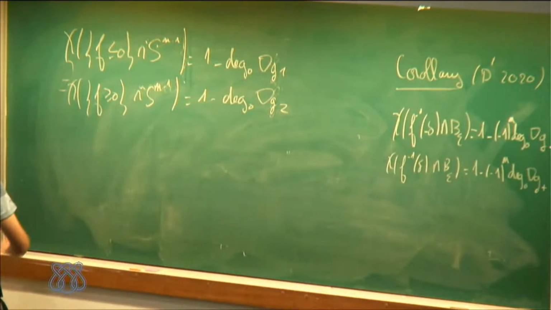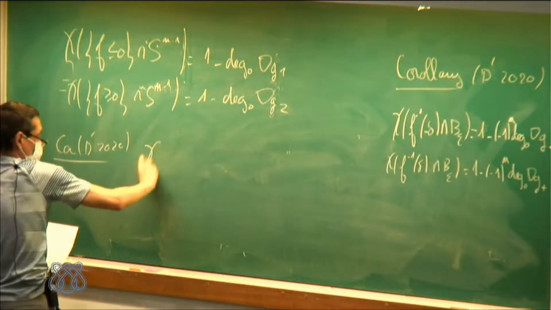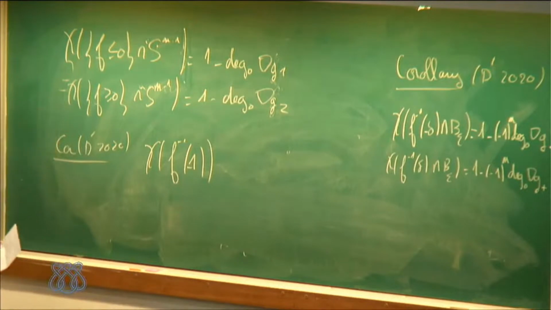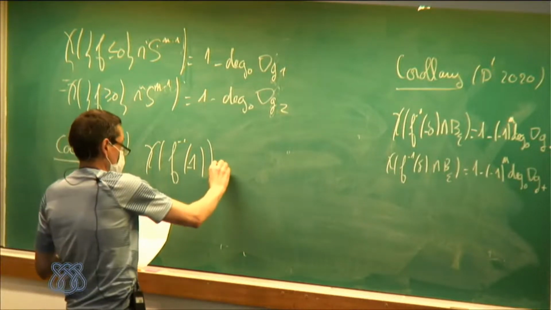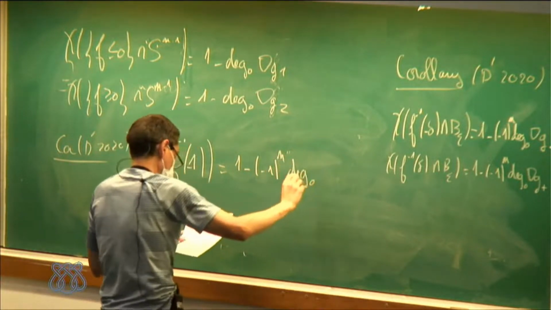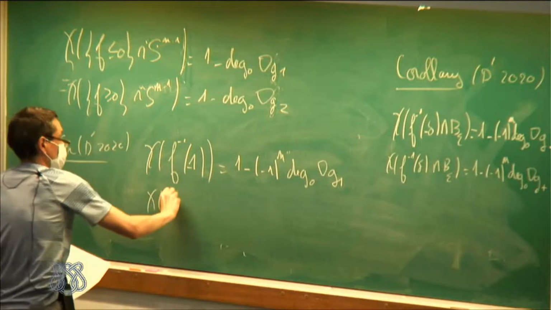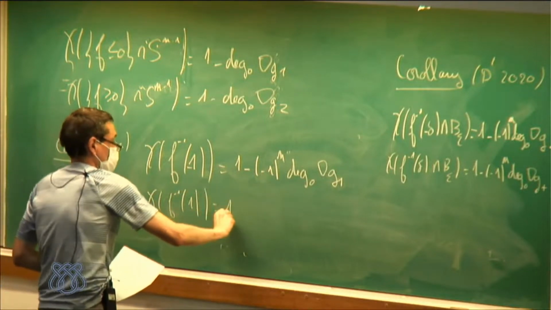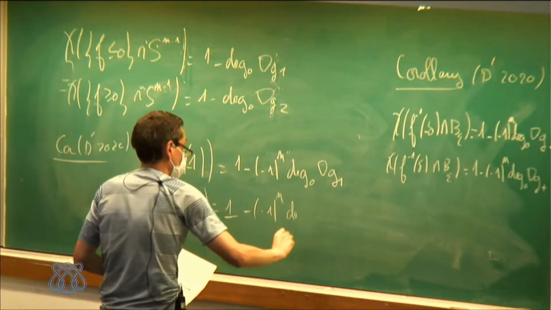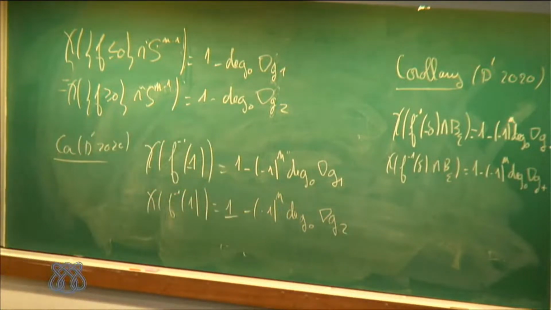So corollary. Then the Euler characteristic of the negative fiber of F is 1 minus 1 to the n, the degree of the gradient of G1, and the Euler characteristic of the positive fiber is 1 plus minus 1 to the n times the degree at the origin of G2.